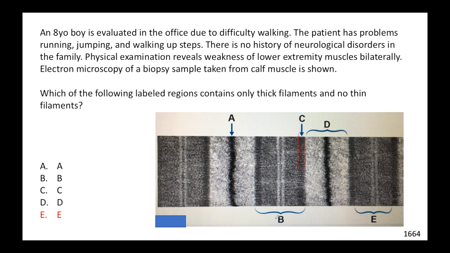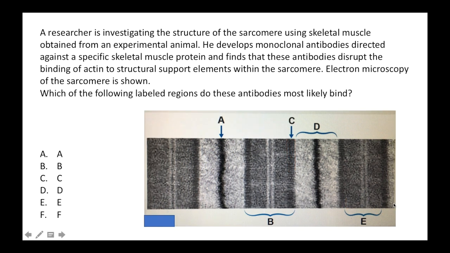C is included in B. And C is where we have actin and myosin overlap one another. It's okay. It's hard to see the picture. It's not my picture, it's just the picture. Okay, we'll try again with a different question.